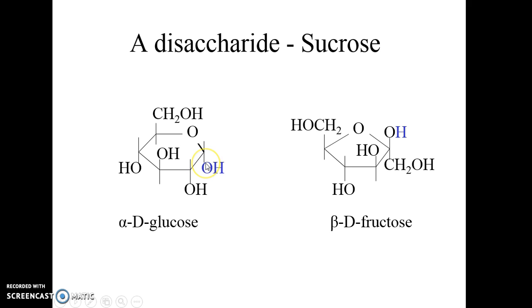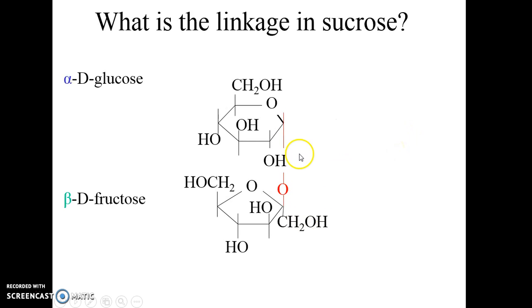So the alpha carbon with the 2 carbon hydroxyl are what are going to condense. So this is actually an alpha 1 beta 2 linkage.